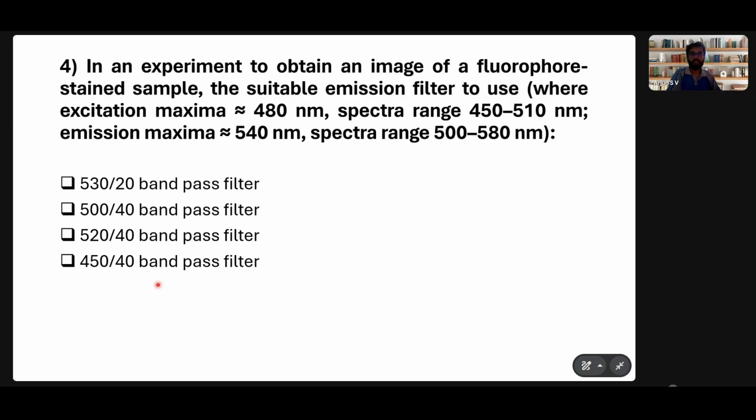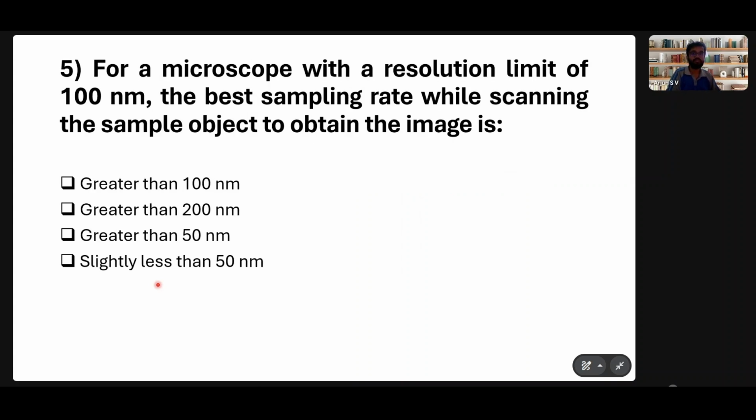So the correct emission filter is the 520-40 band pass filter. So going to the next question.